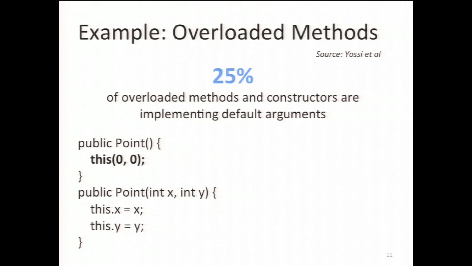I don't know them, but they did an analysis of a lot of code, and on their sample, they concluded that about 25% of overloaded method calls in constructors were there to implement default arguments. That is a pretty strong case to perhaps change the language to introduce default arguments.